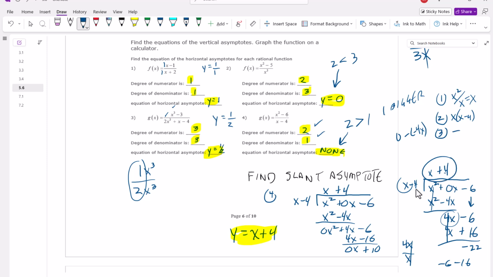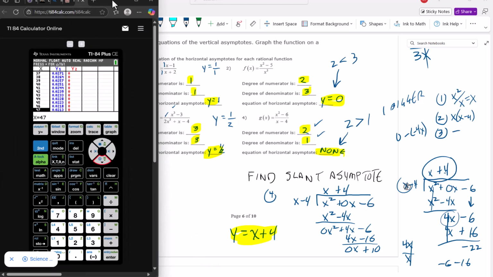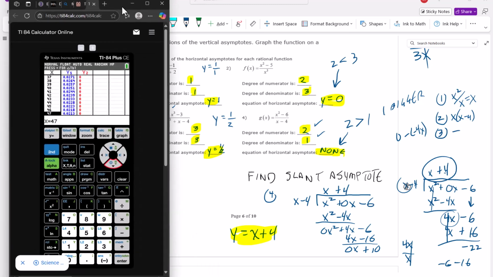Now, let me show you what this means on a graphing calculator so that you understand this. So what I'm going to do is erase what I had on the previous example, and I'm going to graph the function.